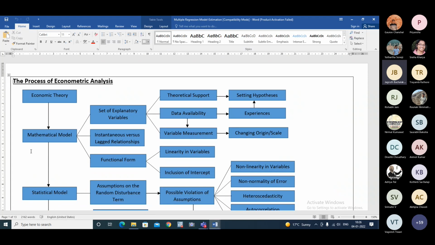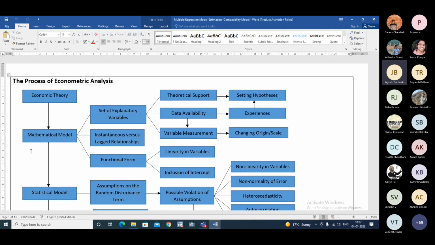I mean, basically, writing or expressing an economic theory in some mathematical form, that is definitely important. But at the same time, it may be very much contextual. Let me give an example.